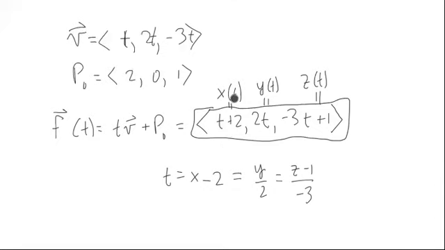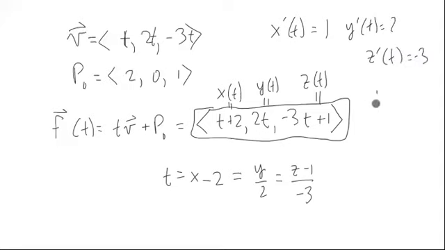So now notice, what is x prime of t if we take the derivative with respect to t? It's 1, right? And y prime of t is 2, and z prime of t is -3. Notice if we put those together, 1, 2, -3, what do we got? We got our original vector we started with, 1, 2, -3.